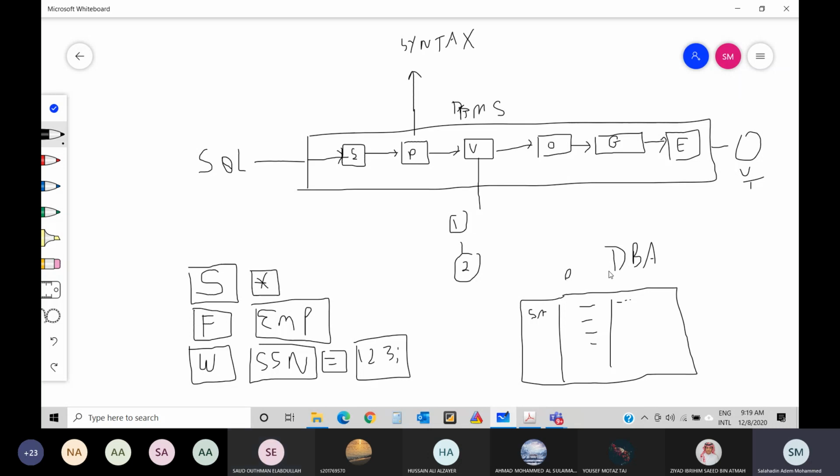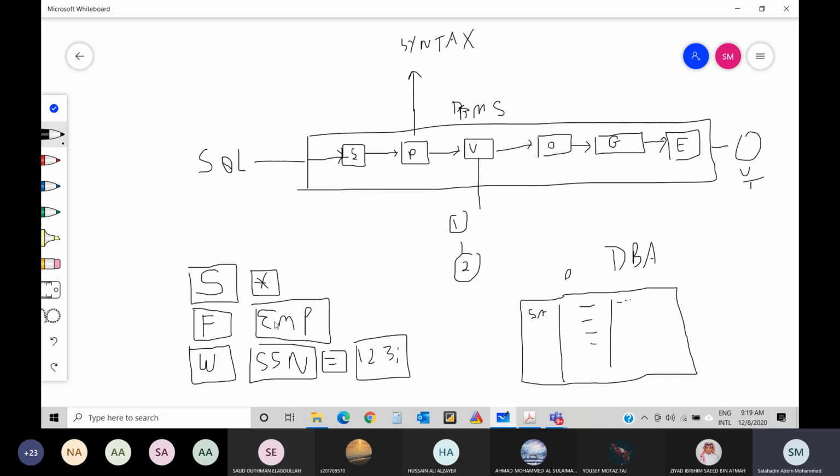Excellent question. So yes, there are other tables which contain the metadata. The data that you didn't insert is called metadata. That data will be inserted by the DBA or by the system. It is still metadata. And this data will be checked by the validator each time you write an SQL statement. So the validator is a very busy one.